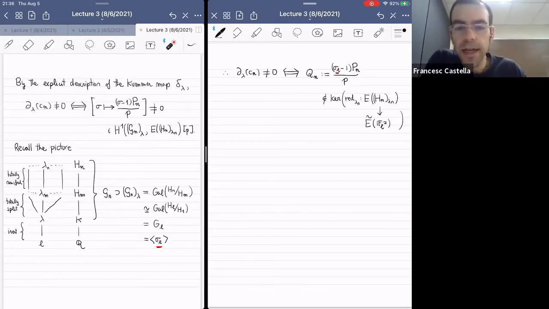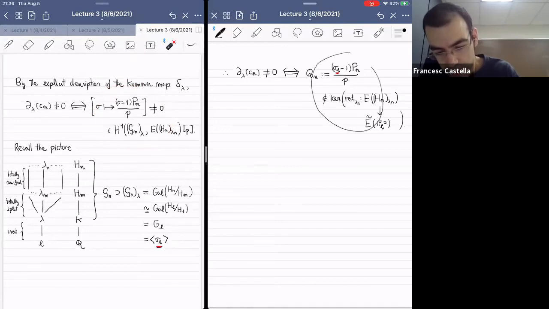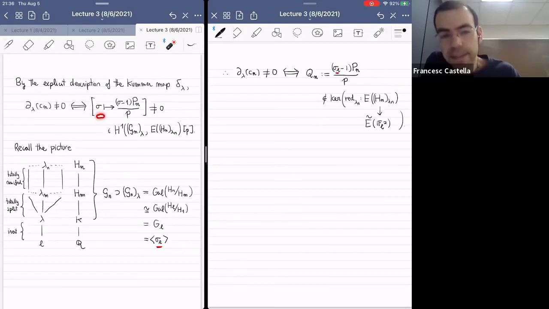Okay, so I did a little jump here. The only thing I'm using in going from here to here is that we want to evaluate this cocycle at sigma_L, and that will determine whether it's trivial or not.